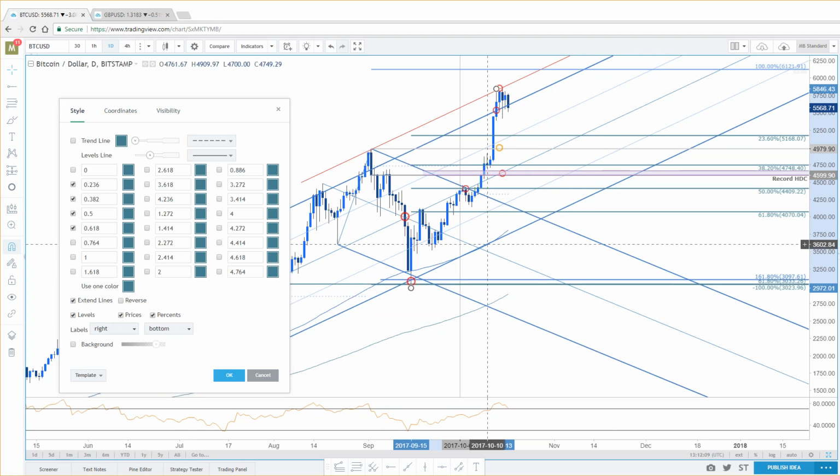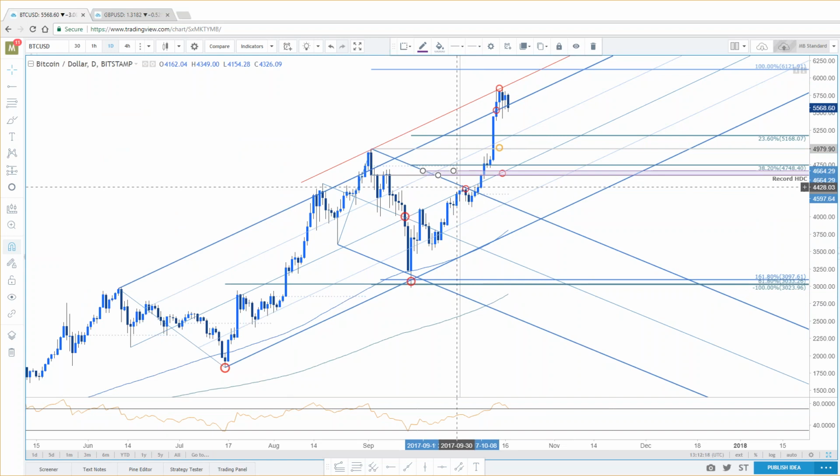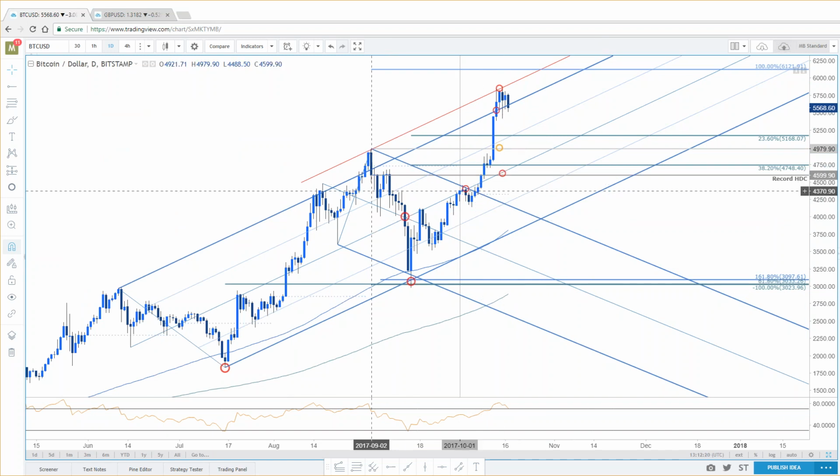Okay, this is gonna look a little messy. Let me clean this up a little bit. Let's do this. This zone is no longer required. This is still going to be the previous high record day reversal close.